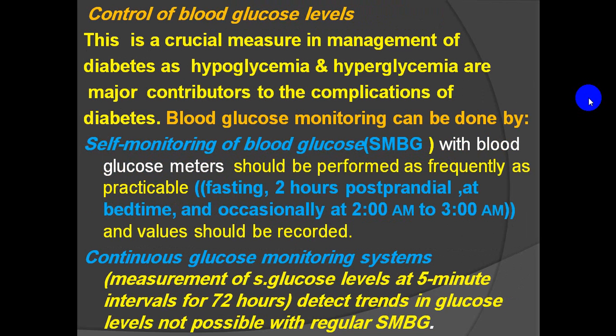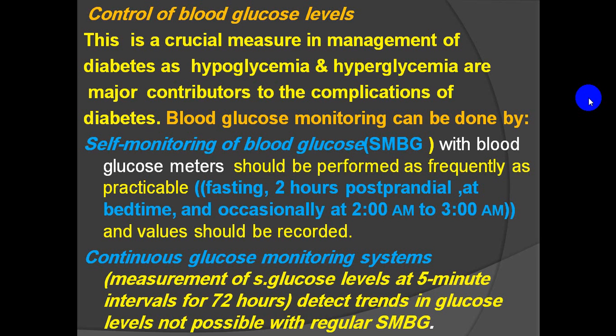Also, an important step in the treatment of diabetes is the control of blood glucose levels. This is very important to avoid hyper and hypoglycemia, because both hypo and hyperglycemia are major contributors to the complications of diabetes. And blood glucose monitoring can be done by the most commonly used method, and that is self-monitoring of blood glucose.